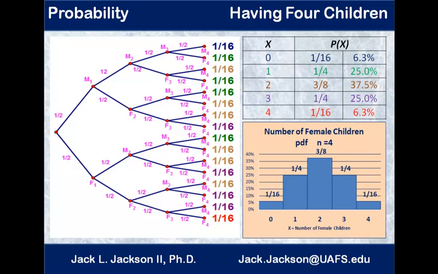1 female. So that's going to happen 4 times as well. It's the 4 green ones here. Boy, boy, boy, girl. Boy, boy, girl, boy. I think these are switched in colors. It should have been this one is green.